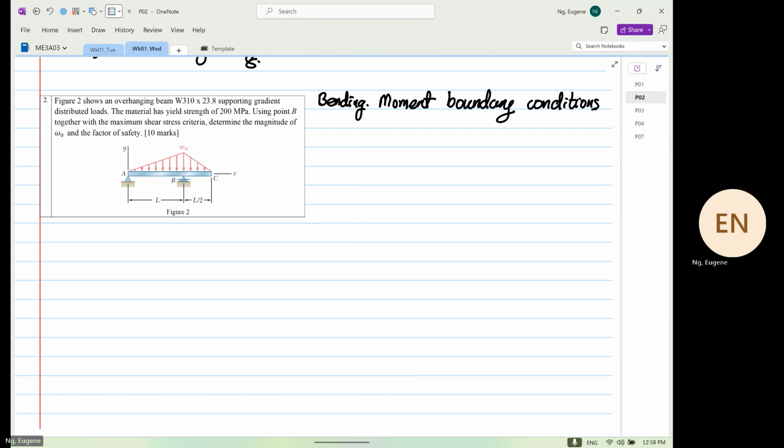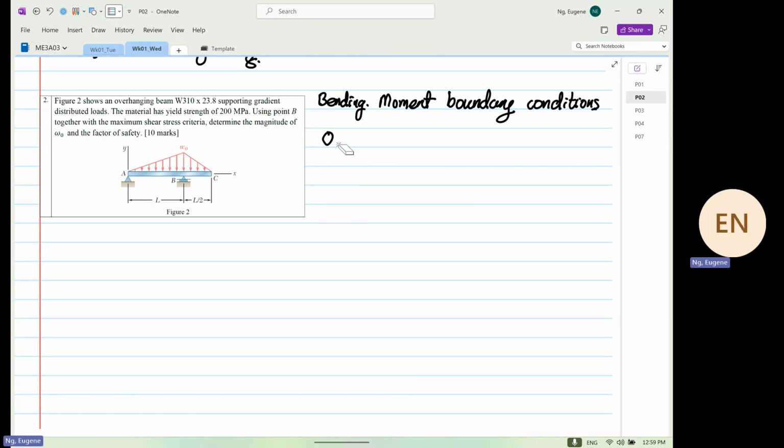Okay, I know for the fact that when you are doing 2P04, you don't have a lot of boundary conditions on overhanging beams. Am I right? It's usually simply supported and cantilever. Okay. So what if it is an overhanging beam? So I'm going to look at overhanging beam first.